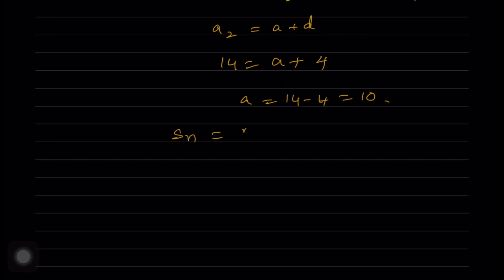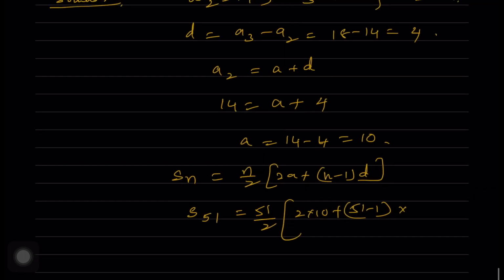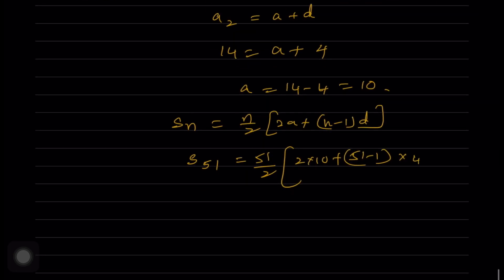So therefore we know that the sum of n terms is equal to n by 2 into 2A plus n minus 1 into D. So here, because n is equal to 51, S51 is equal to 51 by 2 into 10 plus 51 minus 1 into what is D over here? D is nothing but 4.